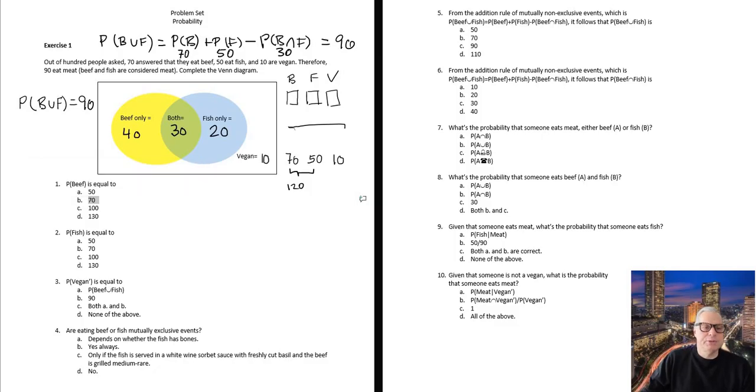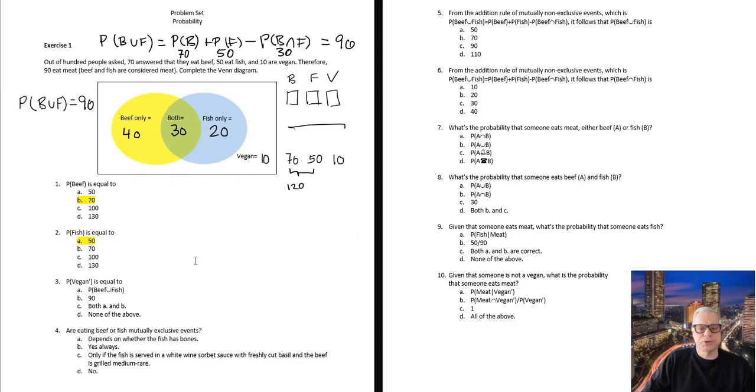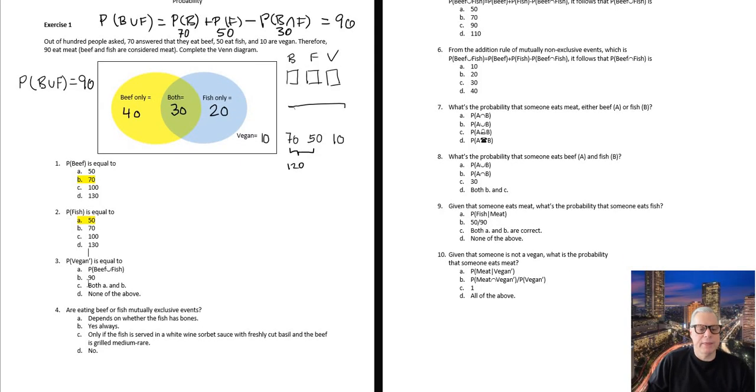So that is simply the probability that somebody who is randomly selected from the population eats beef. They also may eat fish though. But the probability that somebody eats fish, well, that is the 50. And again, some of those also eat beef.